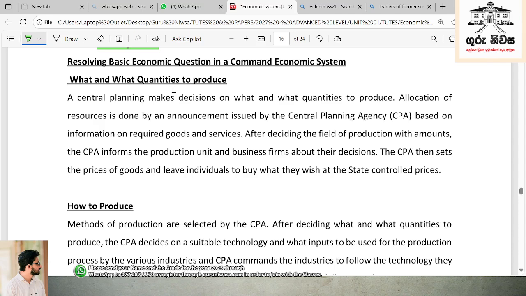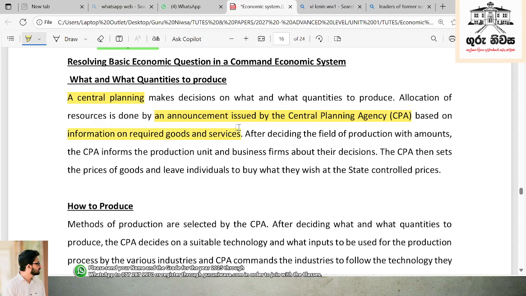But here, central planning makes the decision on what and what quantities to produce. Remember, decisions are made by the central planning authority, the government, not the price mechanism. Allocation of resources is done by an announcement issued by the Central Planning Authority (CPA) based on information on required goods and services.